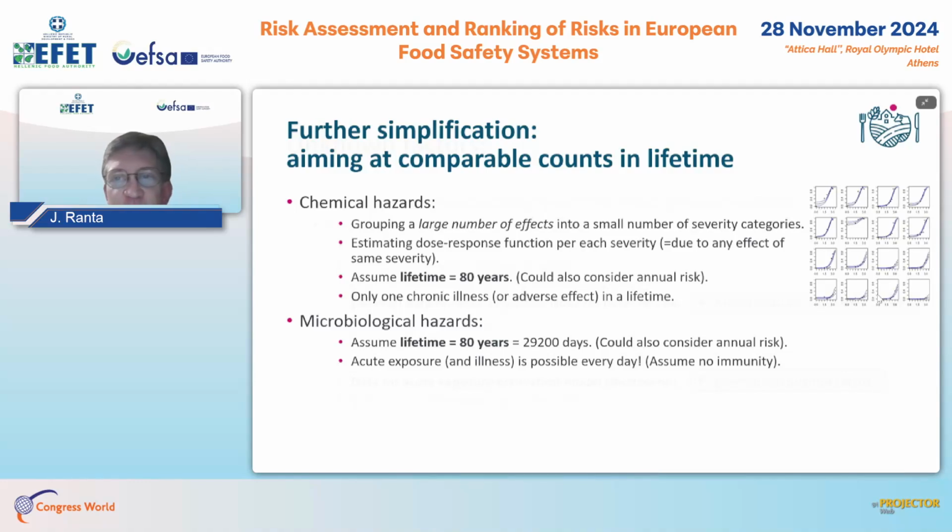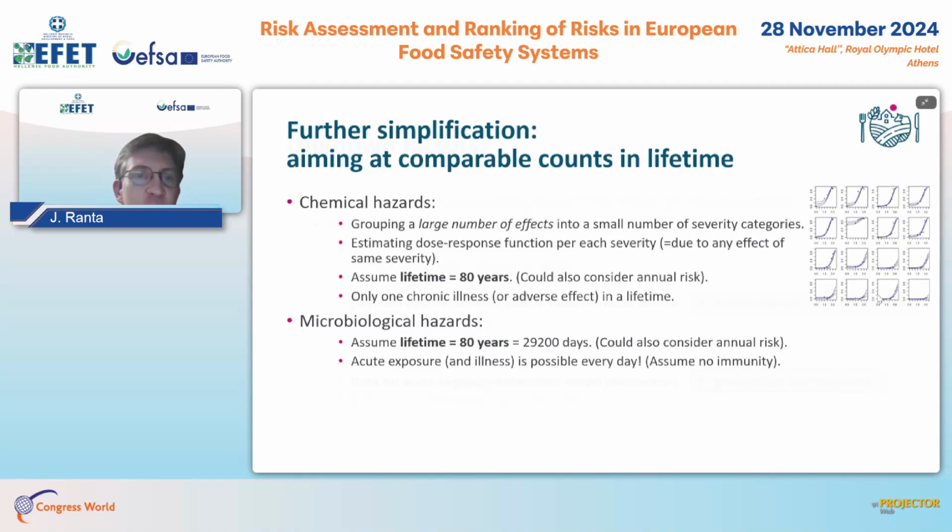That kind of simplification could help in grouping them into a smaller number of things to quantify. And because these effects are chronic effects, thinking about the human effects as a lifetime effect, lifetime could be 80 years, but we could also translate these lifetime effects into annual risk by dividing by the number of assumed life years.